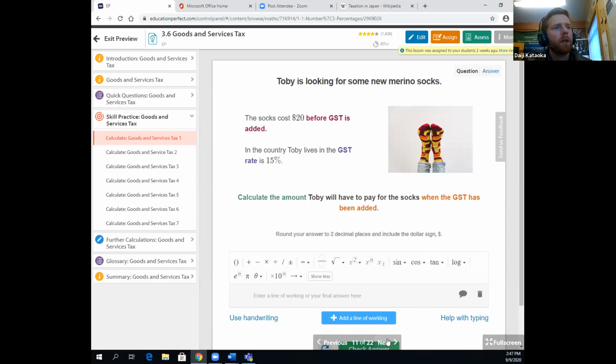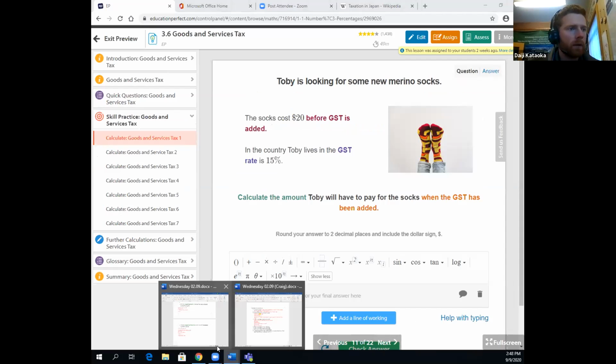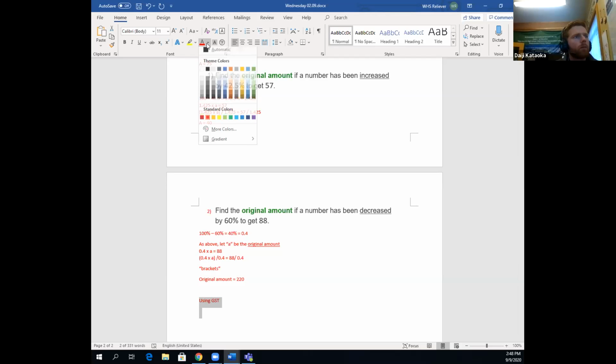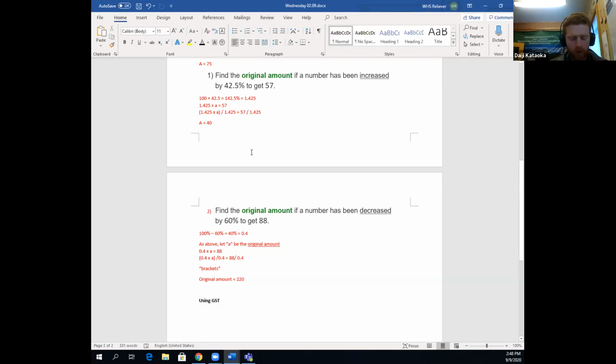Calculate the amount Toby will have to pay for the socks when GST has been added. Okay, I'm going to write that question out on our Word document so we can do it there.